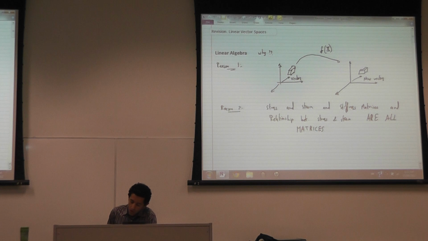So we really need to understand what is a linear vector space with vectors and what are matrices.